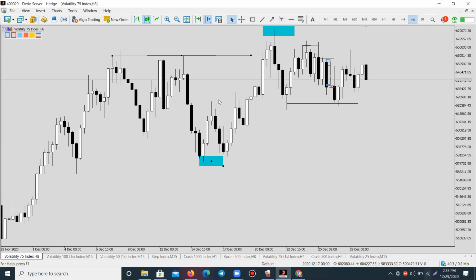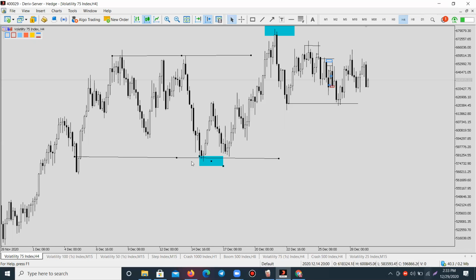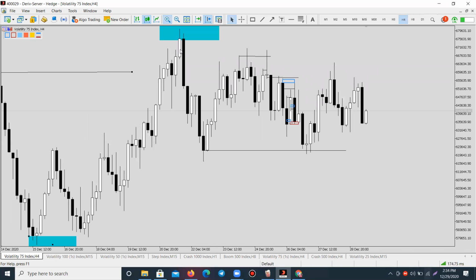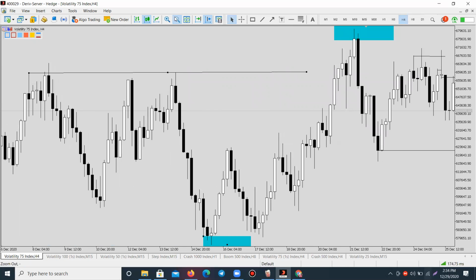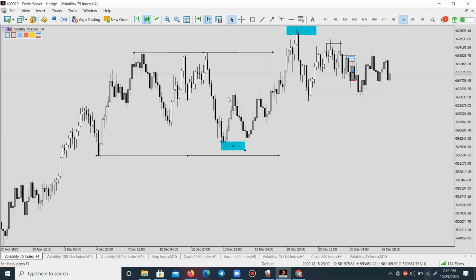So if you check the way the market is going to the upside, how do you know that you need to buy? Because after the market fell from this area to break structure, from this area, let me go to H4 properly. After the market failed to break structure from this area, how do you take your buy position? This is one thing most people fail to do. You need to see this movement, the one that happened here.